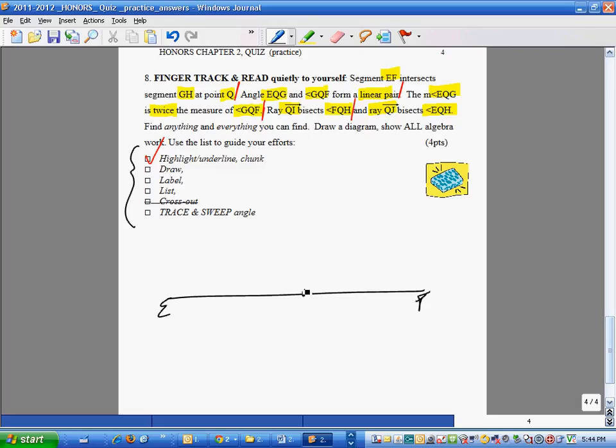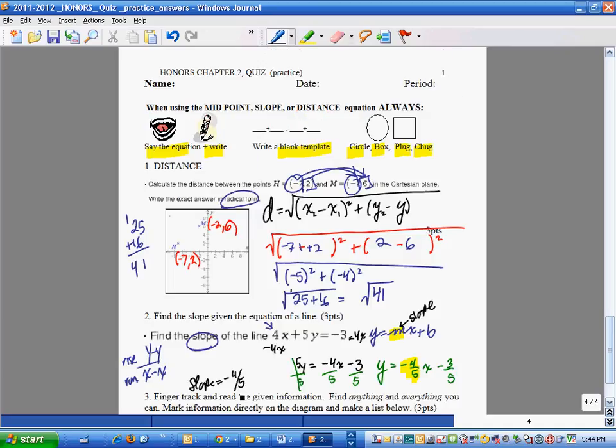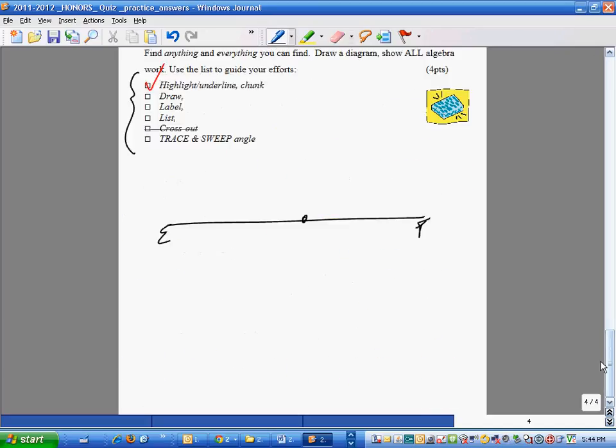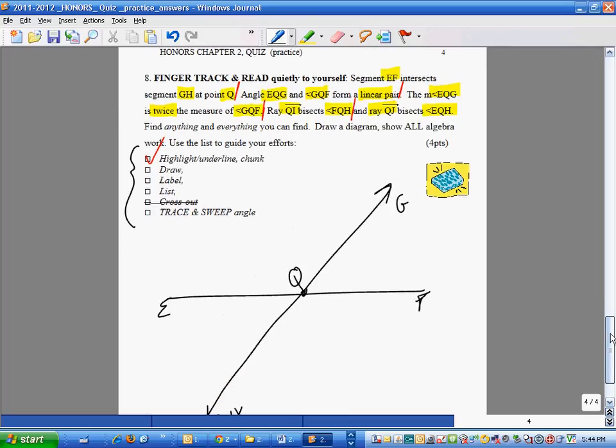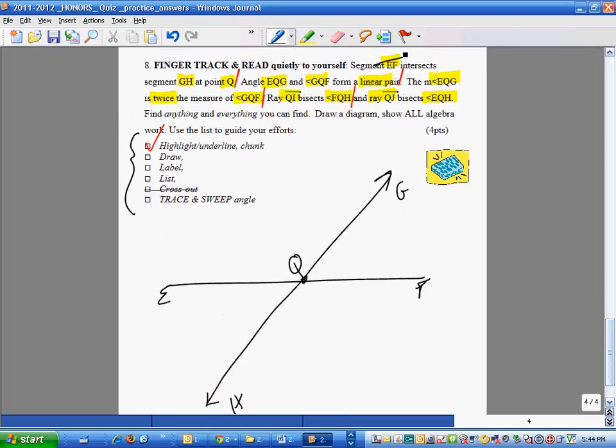It says EQG and GQF form a linear pair. So let's trace that. EQG, GQF form what's called a linear pair. And again, cross it out when you're done with it. Then you're told that EQG is twice the measure of GQF.